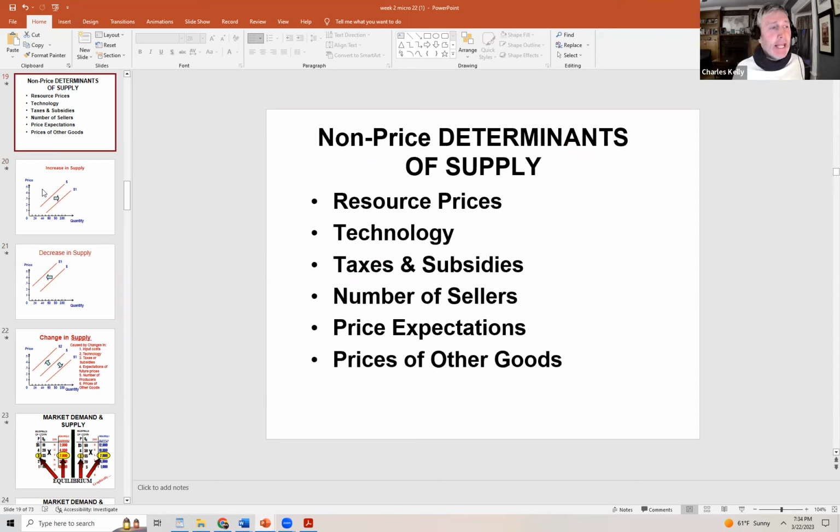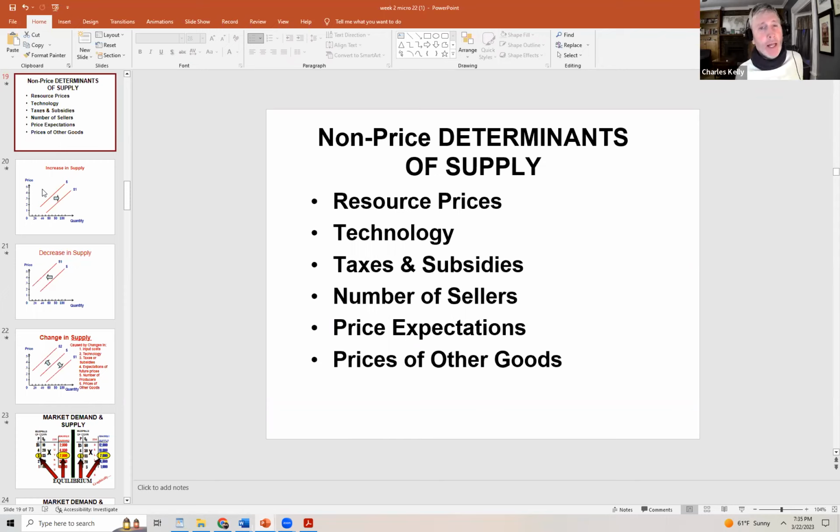The last one's a little more applicable. Prices of other goods. If you are a producer, manufacturer, generally speaking, you can adjust your output between two different types of products. Like a farmer has 30 acres and says, all right, I plant 28 acres, and every year I leave two fallow to repair themselves, and I rotate that out. So I'm planting on 28 acres. I could do 14 acres of soy and 14 acres of corn, a 50-50 split.